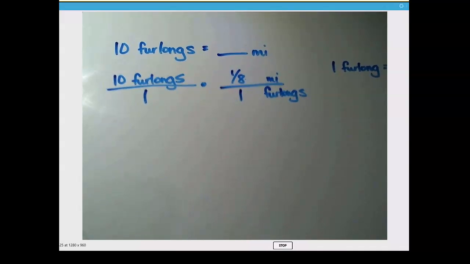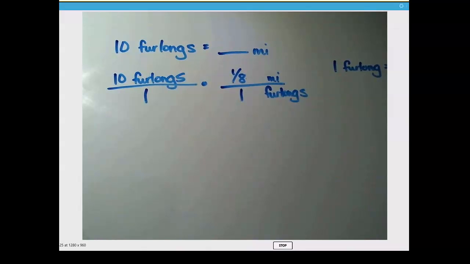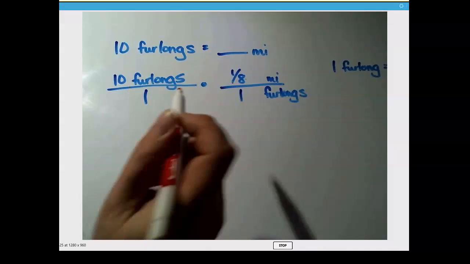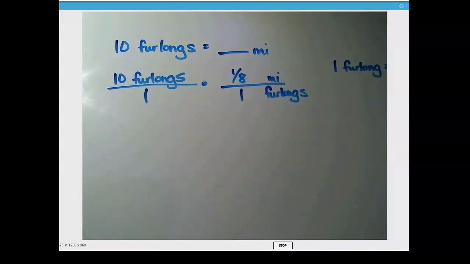Now I'm just going to take it straight across and plug this into my calculator and see what happens. So 10 times 1/8. You can plug in 1/8 just as is.